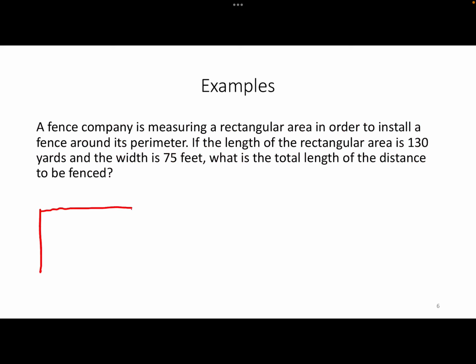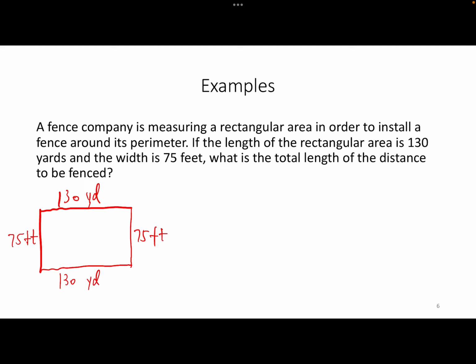To help you understand this question, I made a simple graph to help you visualize it. A rectangular area: the length is 130 yards, the width is 75 feet. Since it's a rectangle, the two lengths are the same and the two widths are the same.